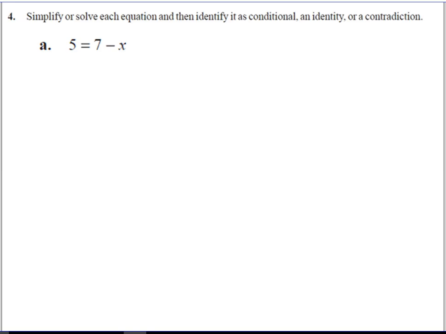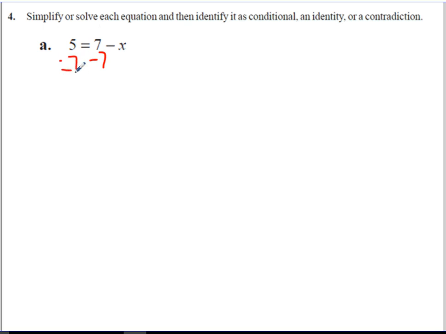So let's take a look at this problem and see which type of problem we have, a conditional, identity, or contradiction. We have x here, so that's the only x in the problem, so it's on the right. So we're going to leave it on the right, and we're going to get rid of the constant 7 and move that to the left. So again, we see a positive 7, we're subtracting it to get no constants there.